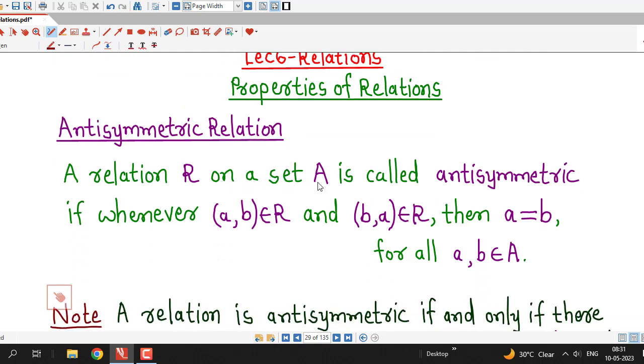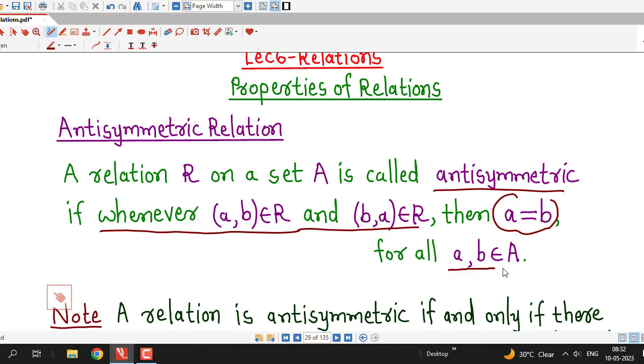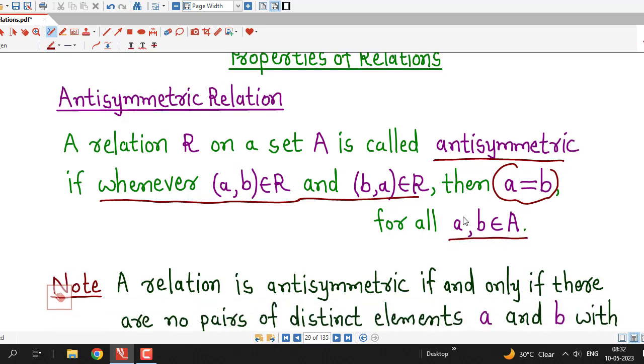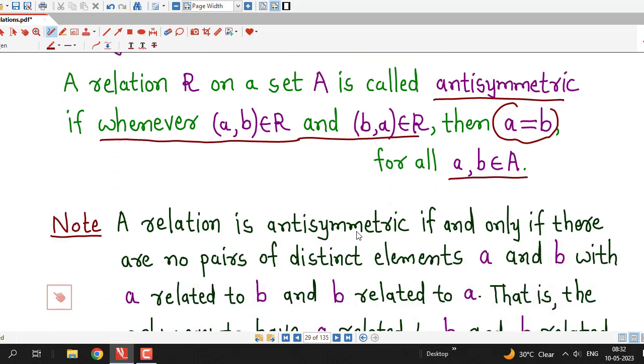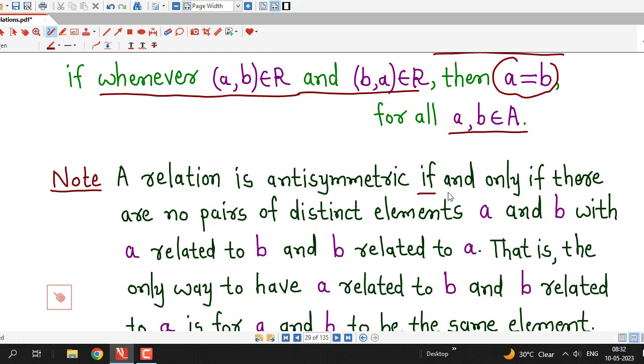A relation R on a set A is called antisymmetric if whenever (a,b) belongs to R and (b,a) belongs to R, then a equals b for all a, b belonging to A. This means a relation is antisymmetric if and only if there are no pairs of distinct elements a and b with a related to b and b related to a.